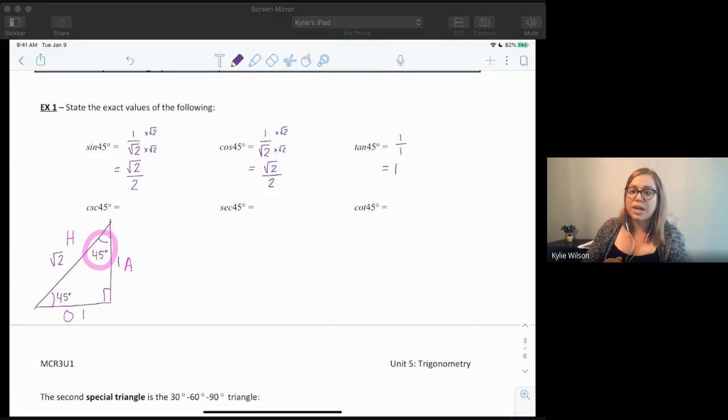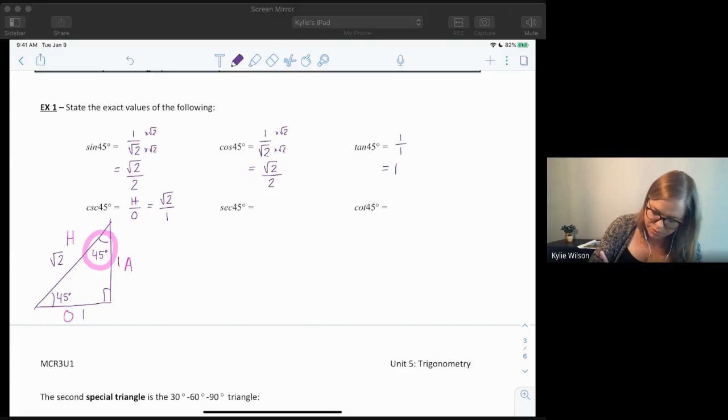Now let's do our inverse ones that we just learned about. Cosecant is hypotenuse over opposite. Remember, it's just the flipped version of sine. So that will be root 2 over 1, which just equals root 2.